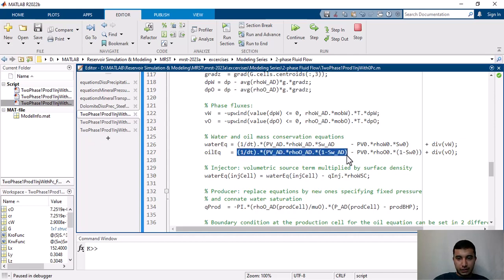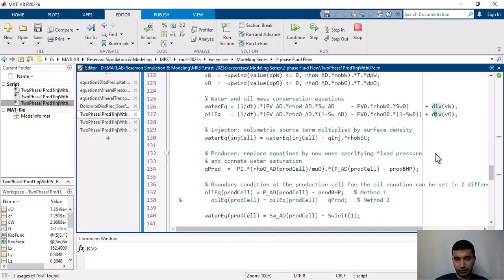Here is the accumulation term for the oil pressure equation, and here is the flux term for the oil pressure equation using the divergence operator. Great. And in this part, I have added the boundary conditions to the governing equations that I have, which are the source and sink terms.